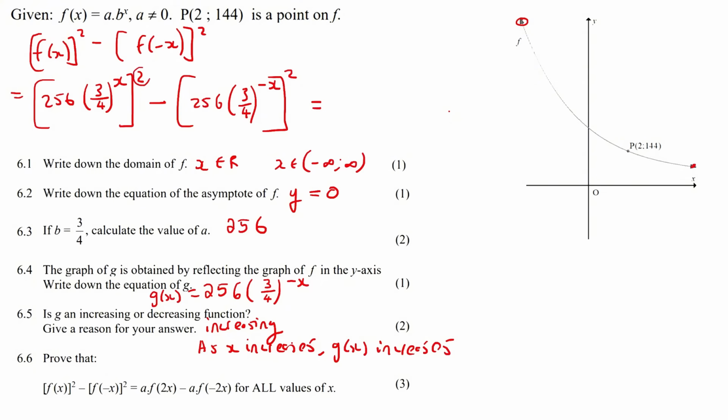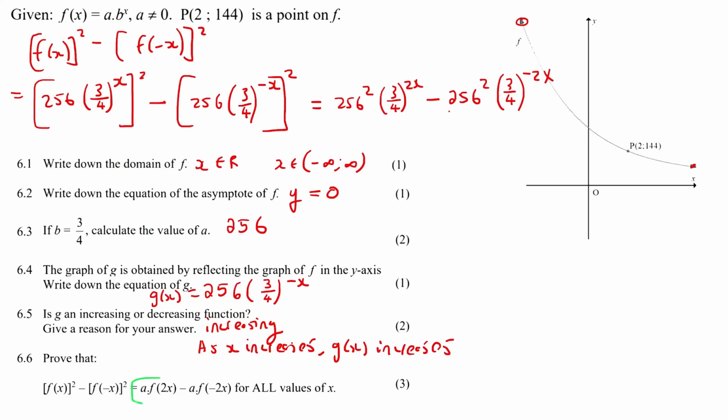So this 2 ends up going there, and it's also going to end up going there. So you're going to end up getting 256 to the power of 2, and then 3 over 4 to the power of 2x, and then that's minus, now the same thing over here, 256 to the power of 2, and then 3 over 4 to the negative 2x. Right, I don't really see what else we can do there.